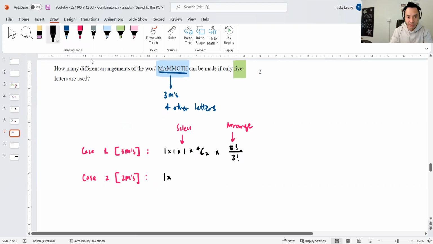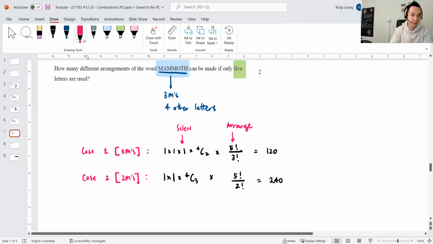So 1 M there, 1 M there, and then from the 4 other letters, I'm going to choose 3, to make 5 letters all up. And because there are only 2 M's, when I arrange, it'll be 5 factorial over 2 factorial. If you punch this in your calculator step by step, that's 120, that's 240.